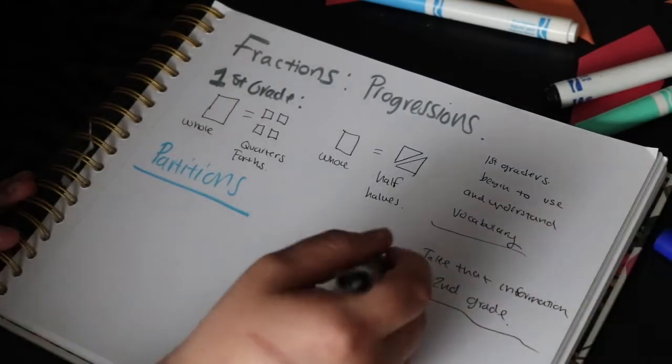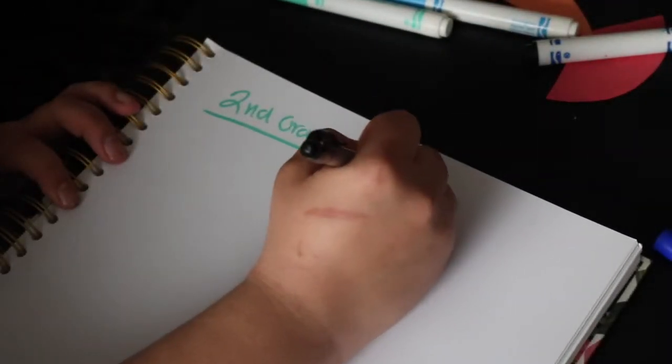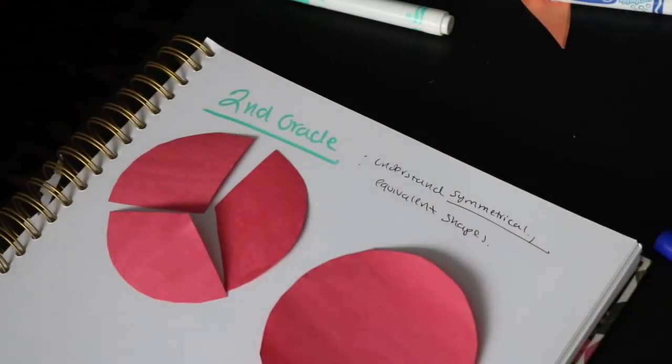So in first grade, they understand the vocabulary words, which they transition to second grade. Second grade is where students begin to understand more of fractions and the meaning of it. In second grade, they can see that although a shape may look different, it can mean the same.